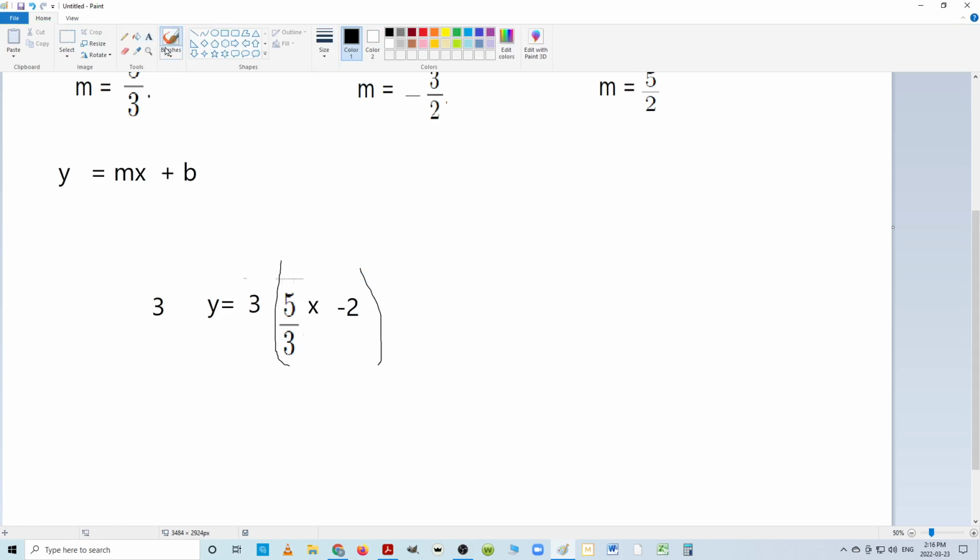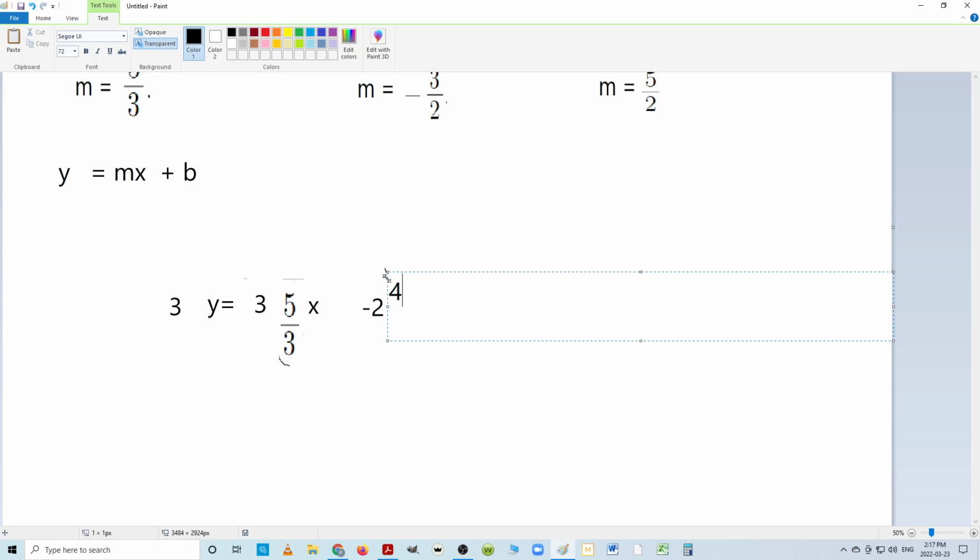On this side, it's clear 3 times y is just 3y. On the right side, this 3 has to go through this bracket. It has to multiply each thing in the bracket one by one. So not only does it have to multiply the 5 over 3x by 3, but it also, and here's the thing that a lot of students forget, this 3 also has to multiply this minus 2.